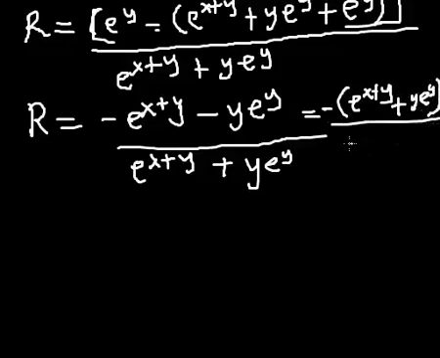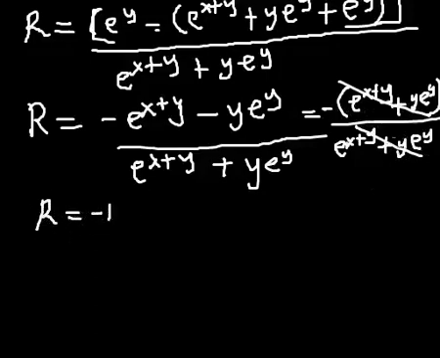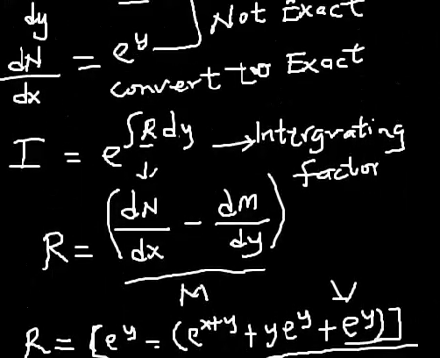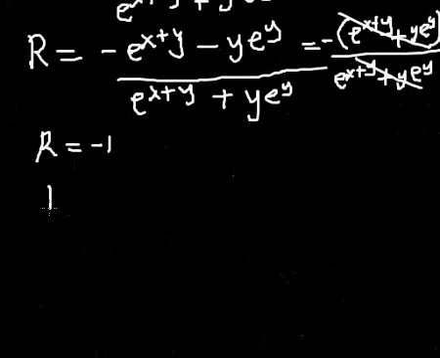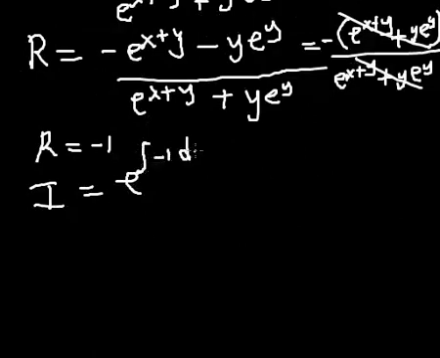Then divided by e^x plus y e^y. So as you can see now, they can cancel each other because they are the same to give me 1, so that my R now becomes minus 1. So now I can get my integrating factor, which is what I need. The integrating factor is the exponent of the integral of R, which is minus 1, with respect to y.